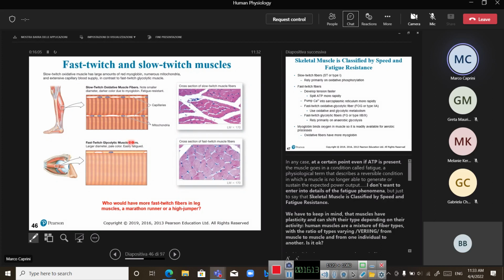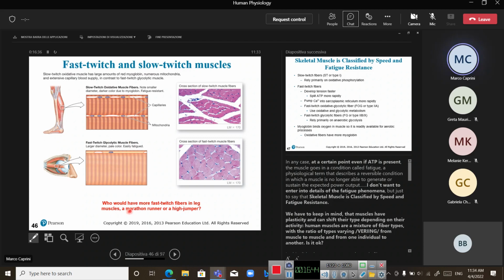I don't want to enter into detail about the fatigue phenomenon, but just to remember and to say that skeletal muscle is classified by speed of contraction and fatigue resistance.